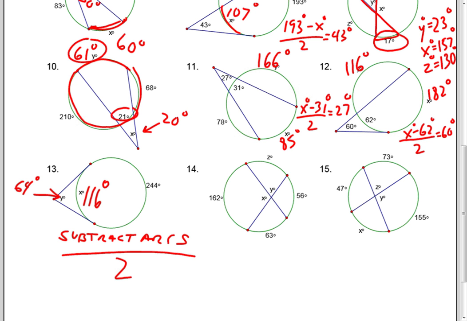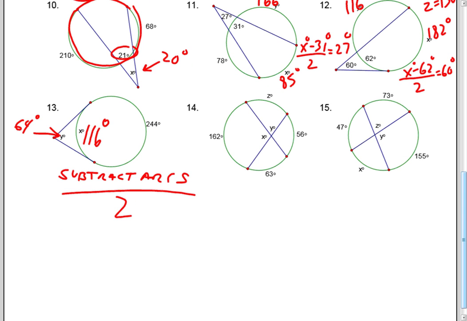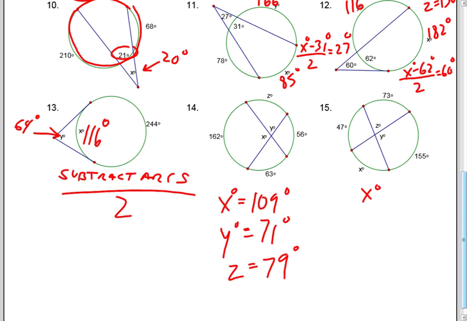Yes. Check my arithmetic out. These look right. That look right.